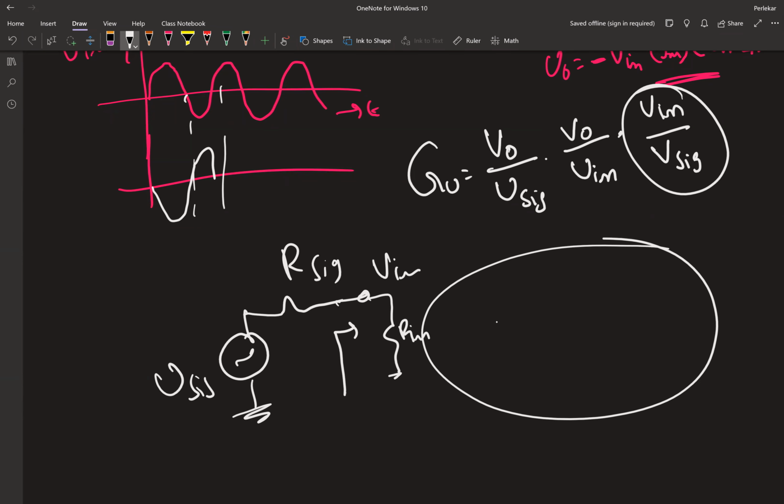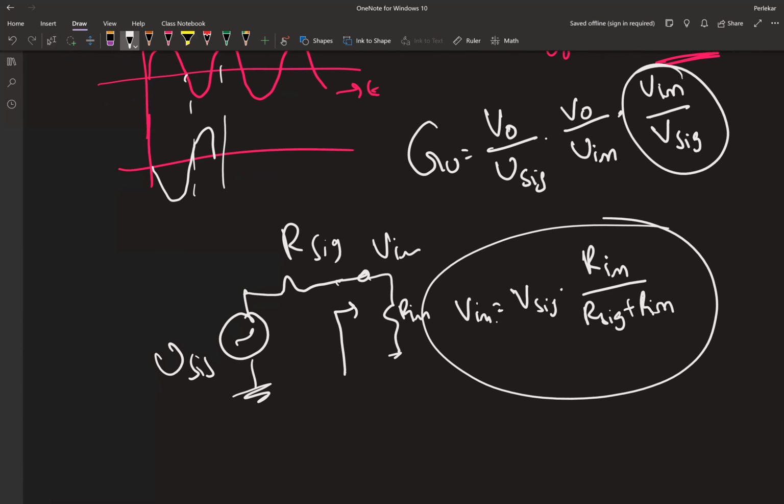Based on this, I can tell V input equals V signal times R in over R sig plus R in: same resistance divided by total resistance.